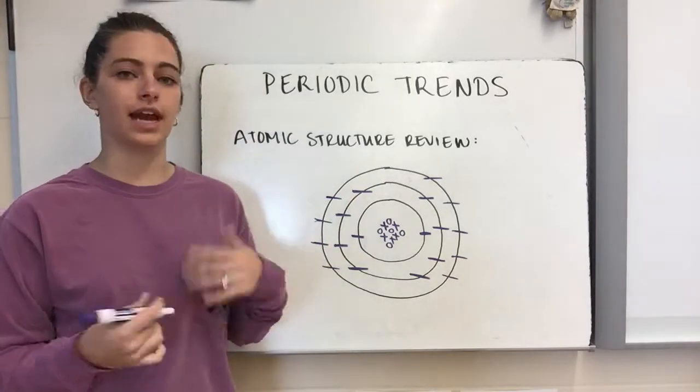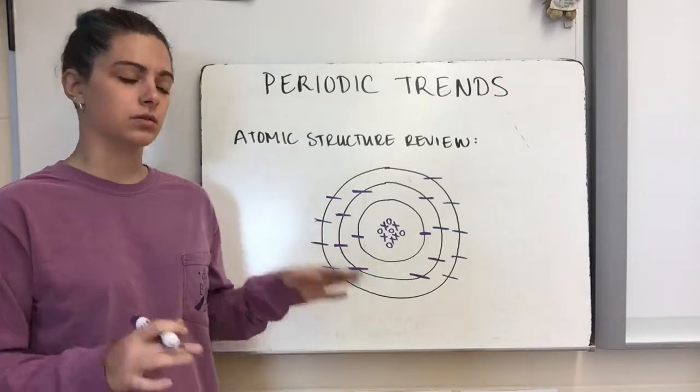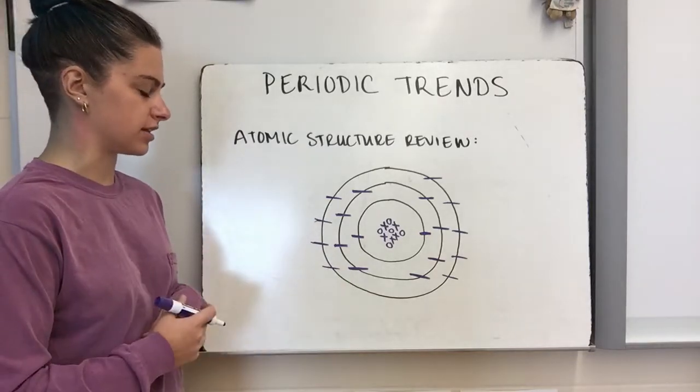Now, the third energy level can actually have up to 18, but just for our purposes, since we're not going to look at the transition metals, we're just going to look at the first 8 electrons that go in.